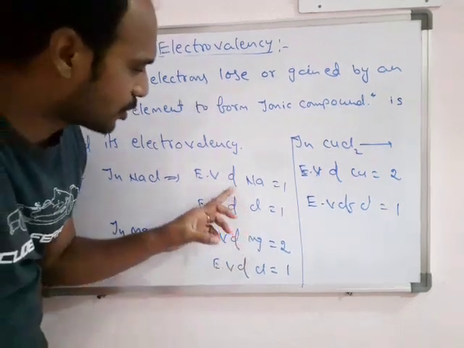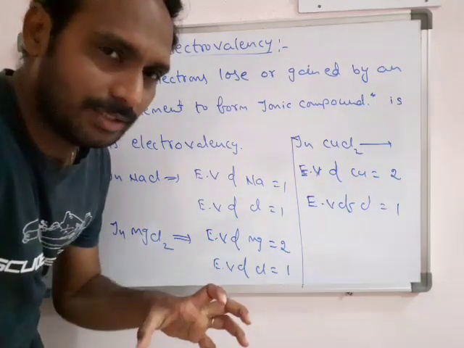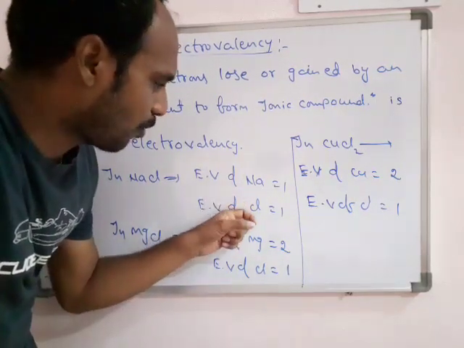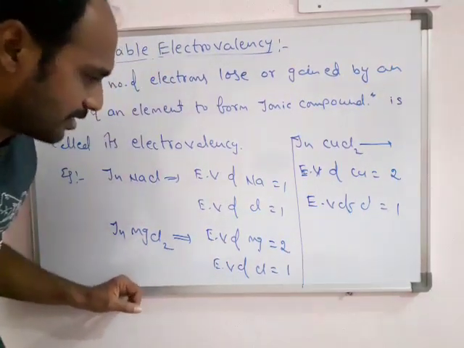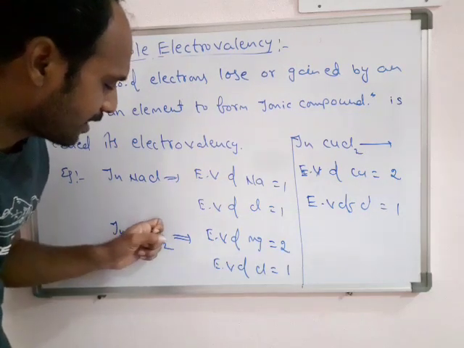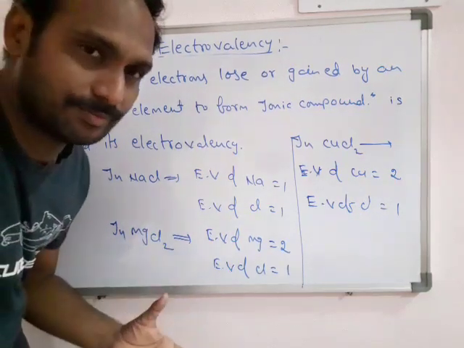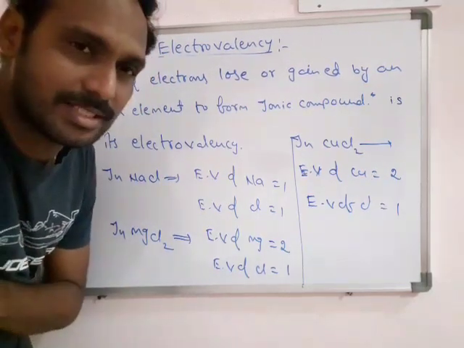If the charges on the anion and cation are equal, then their electrovalency will be equal. If the charges on the ions are different, see Mg plus 2, Cl minus, the 2 chlorines are separate, 1 each. So this is called the electrovalency.